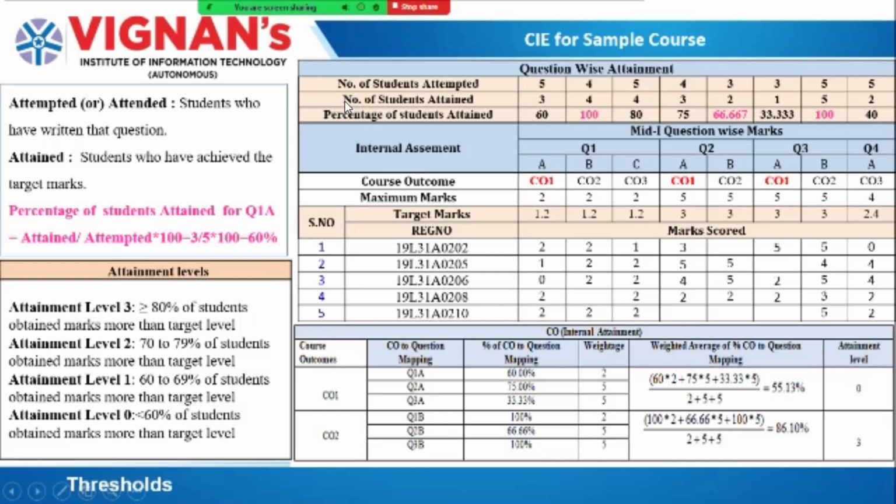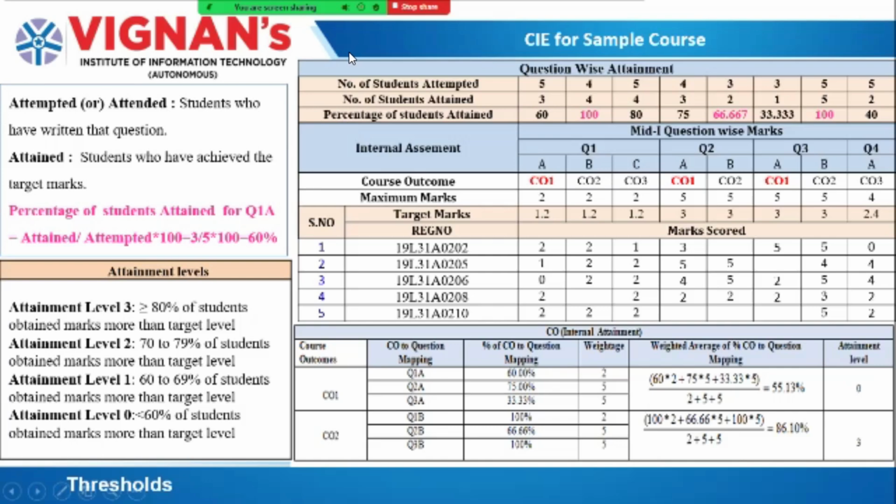So out of 5, every student should get a minimum of 3 or more than 3. If you observe these counts, 3, 5, and 4, only 3 students have attained. Attained means students who have achieved equal to or more than the target marks.